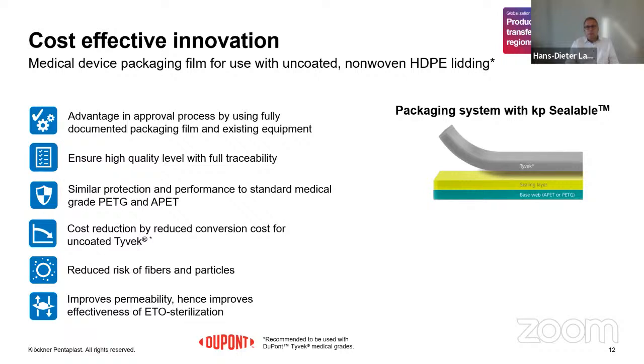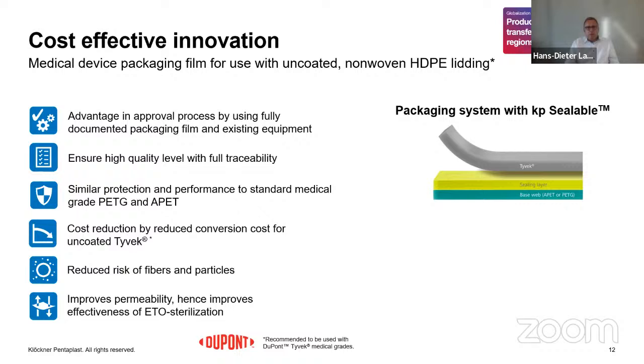Overall, this packaging system can help to save money. There is also a reduced risk of fibers and particles. This is mainly relevant if you have a lacquer and some sharp medical devices, where there is a risk that the lacquer is scratched and small particles fall into the packaging.